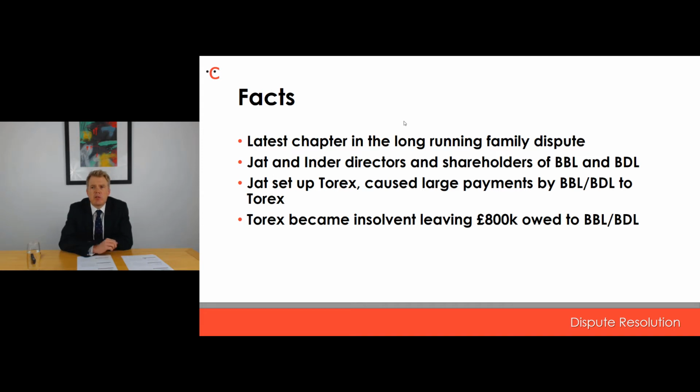In addition to this, Jat set up a third company called Torex, and he caused the two other companies, BBL and BDL, to make some large payments to Torex. Unfortunately, Torex went bust, and it left more than £800,000 owing to BBL and BDL.